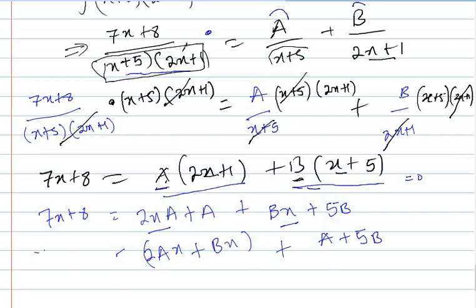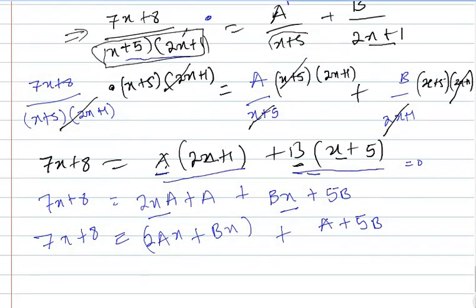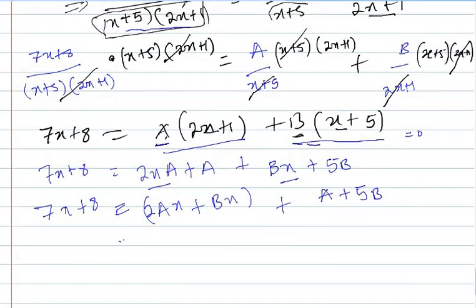Here we have x plus 8. We can also factor out x: (2a plus b)x, and for the constant term we have a plus 5b. Then here we have 7x plus 8.